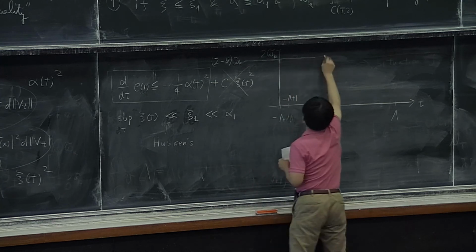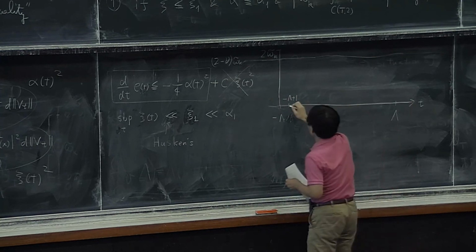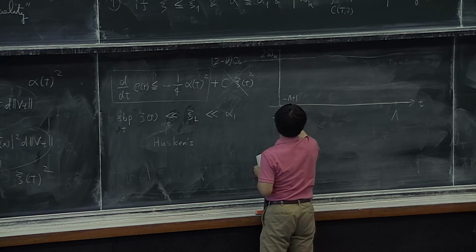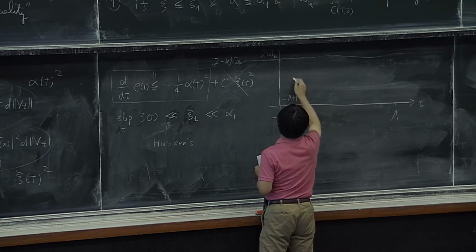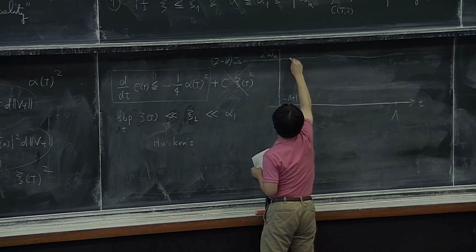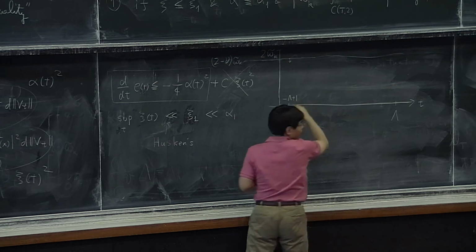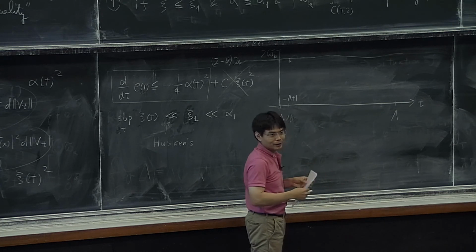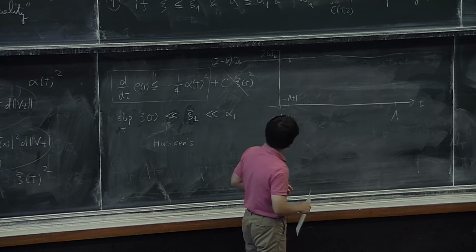So I know at time t equal to minus 1 plus 1, it's below this line. That's one of the assumptions we had in the statement of the epsilon regularity theory.